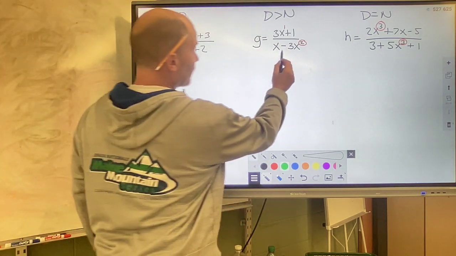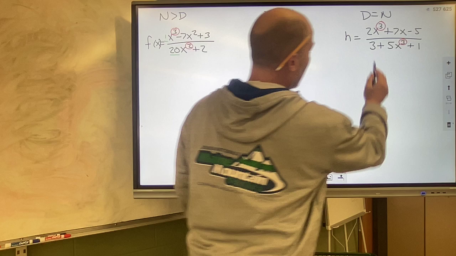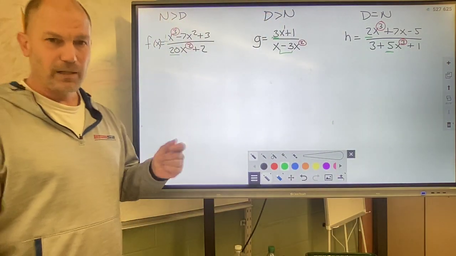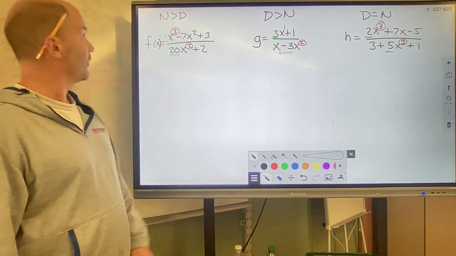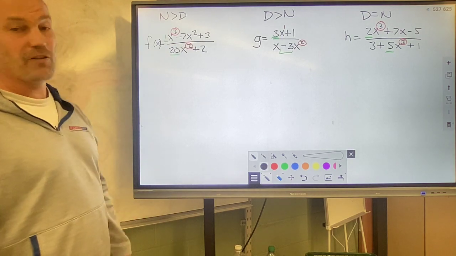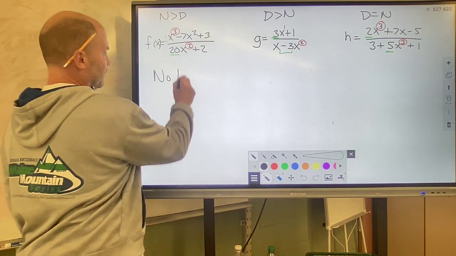The coefficient here would be -3 and +3, and the coefficient here would be 2 and 5. Picking out that information should be pretty quick. All right, so let's just talk about this. We look at the degrees, we go, oh, 3 is greater than 2. Therefore, no horizontal asymptote.